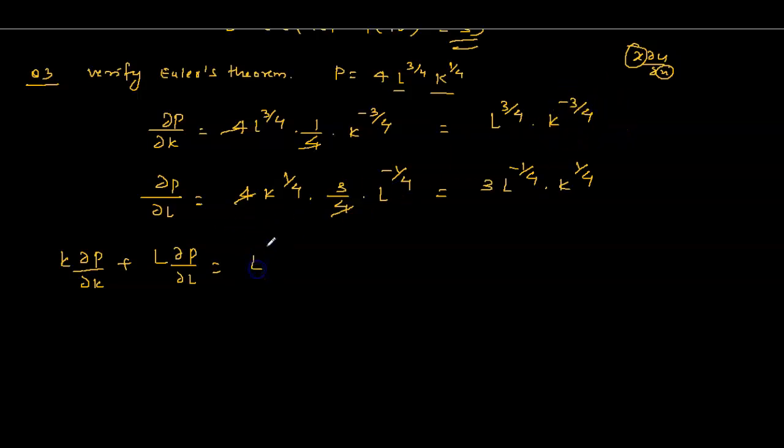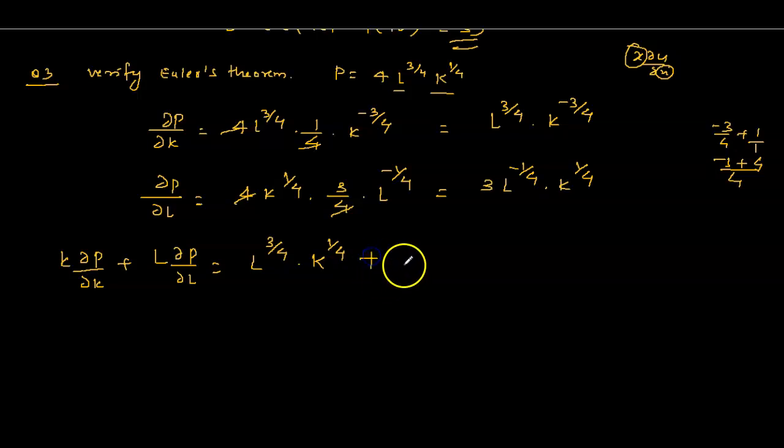So L to the power of 3 by 4, and this is minus 3 by 4 plus 1, meaning with LCM 4, minus 3 plus 4, which becomes 1 by 4. K to the power of 1 by 4.